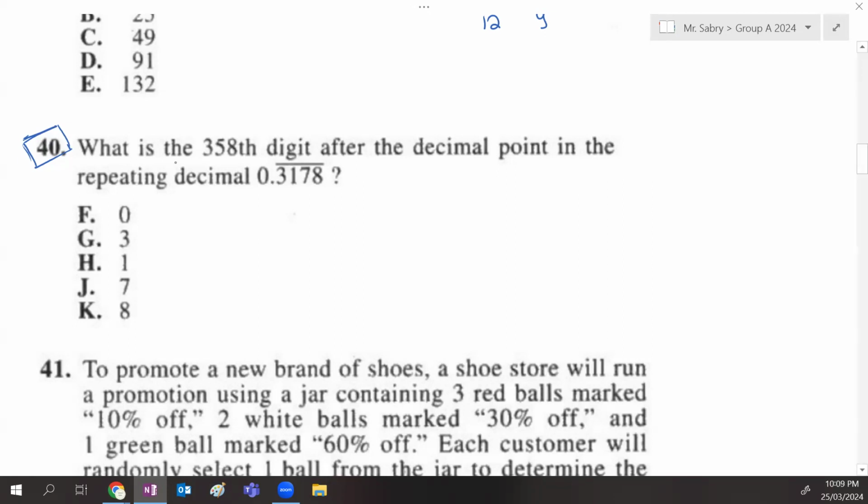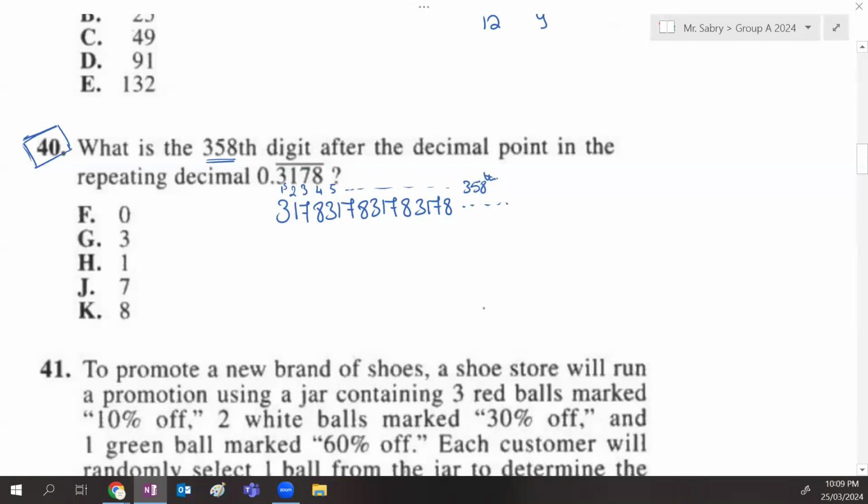It asks what is the 358th digit after the decimal point in this repeating decimal form. Basically the 3178 will keep repeating an unlimited number of times. That's why they have this dash over them. They want to know the 358th one: the first, second, third, fourth, fifth, until we reach the 358th.